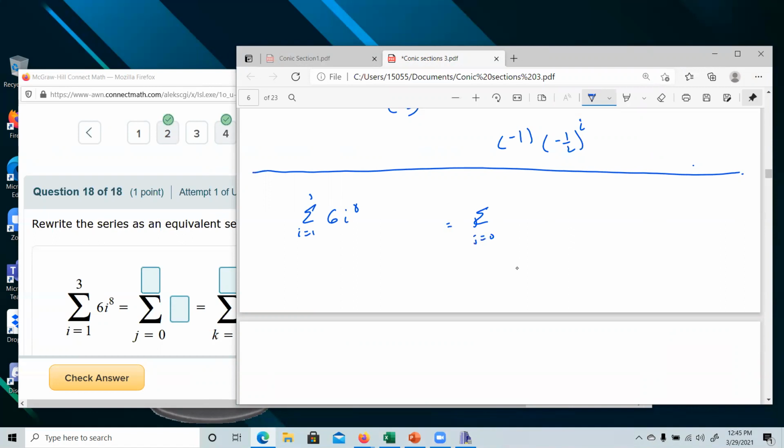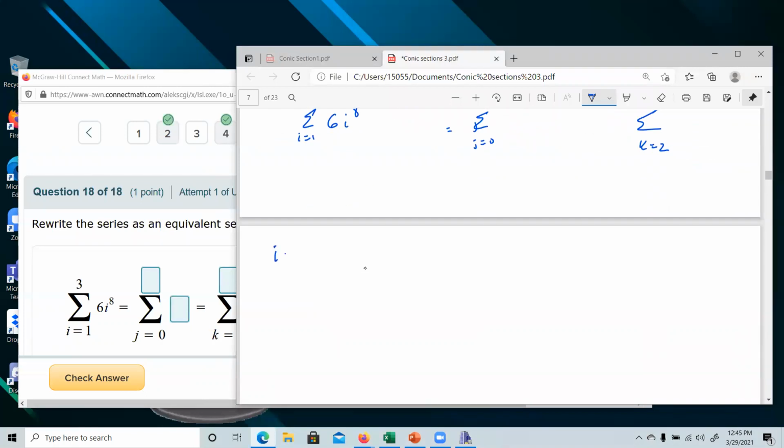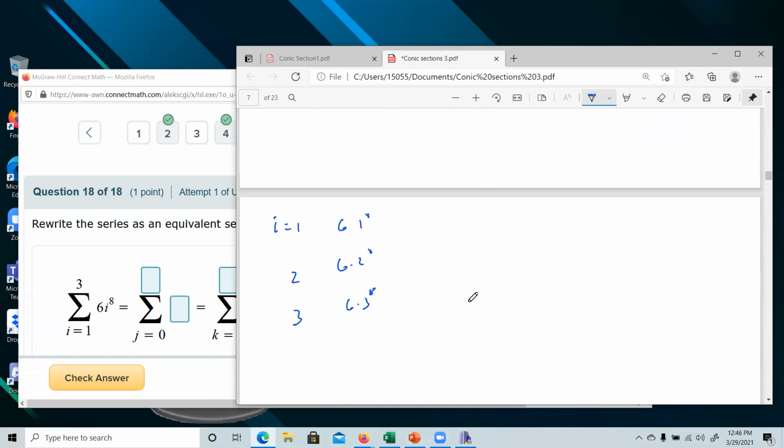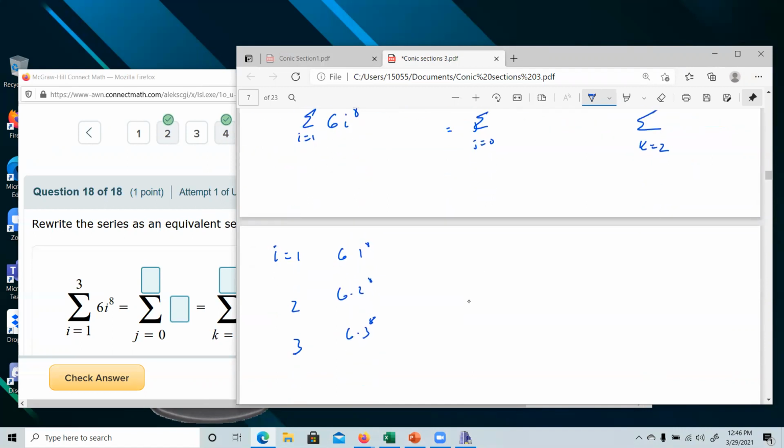j is equal to 0, and we want to have another one, k is equal to 2. So it might be helpful to break it down. So i is 1, 2, and 3, and we have 6 times 1 to the 8th, 6 times 2 to the 8th, 6 times 3 to the 8th. So here for j, we're going to have j is equal to 0, j is equal to 1, j is equal to 2.